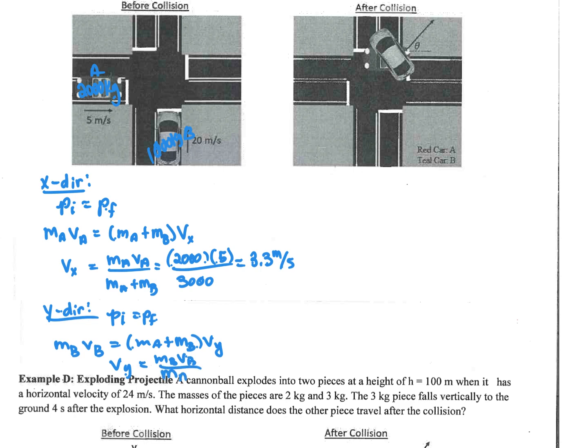So this is going to be 1,000 times 20 divided by 3,000, which is 6.7 meters per second. So we know how it's going in the x and in the y. Well, if we want the velocity final, we're going to have to combine those.